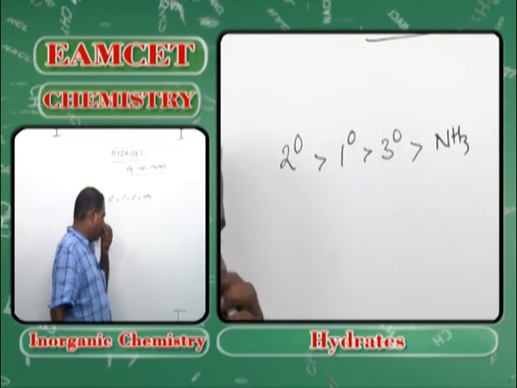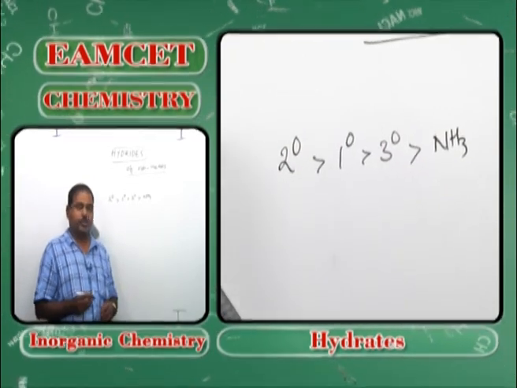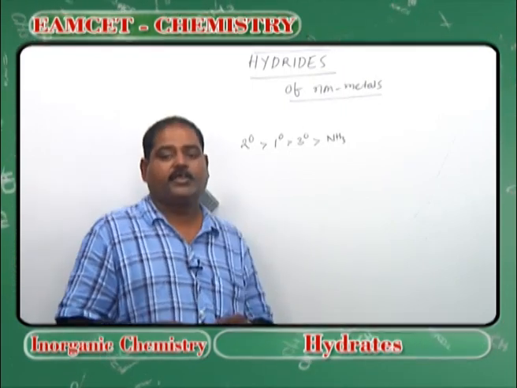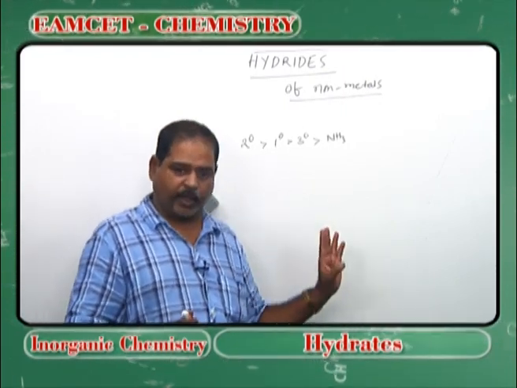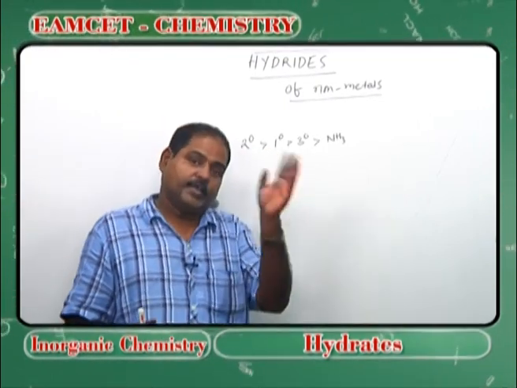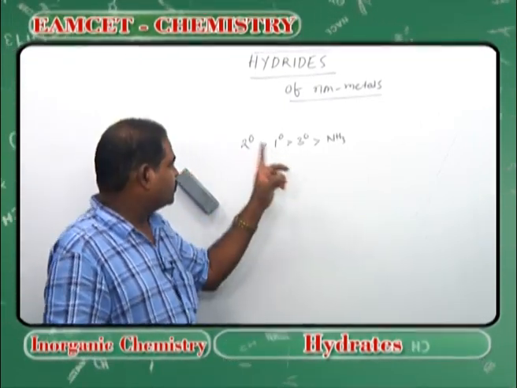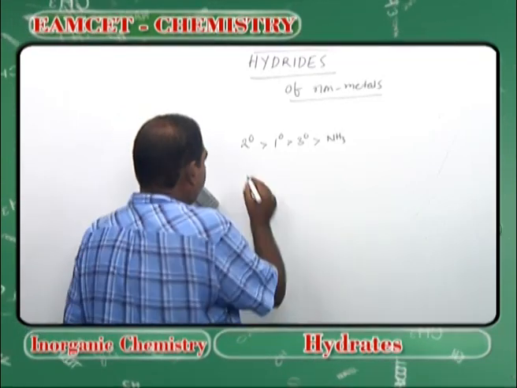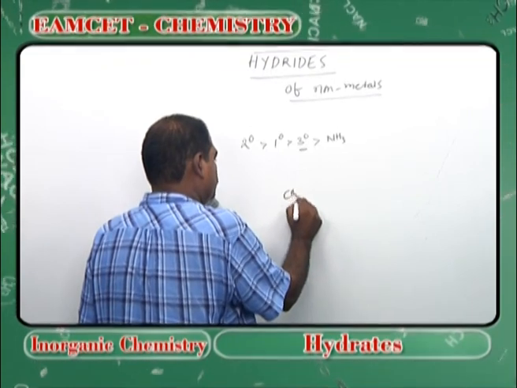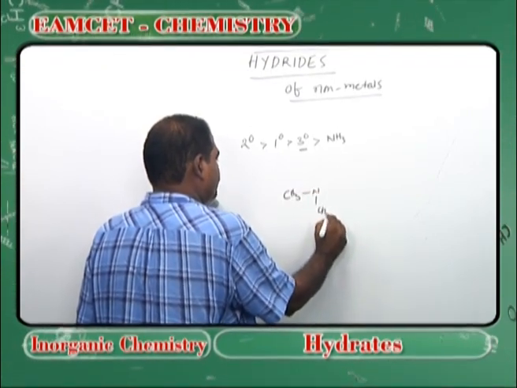Okay, I don't want to go into the discussion of in what state this happens, whether it happens in aqueous state or gaseous state. That is purely related to organic chemistry. I am trying to lead you to a different context, that's why I have taken this up. Tertiary amines, where three CH3 groups are there, are supposed to be most basic.